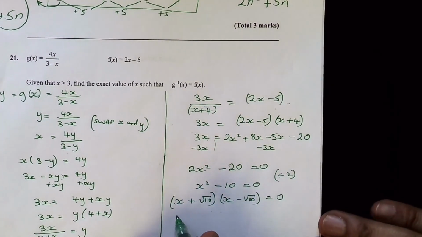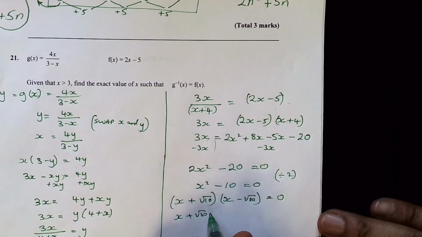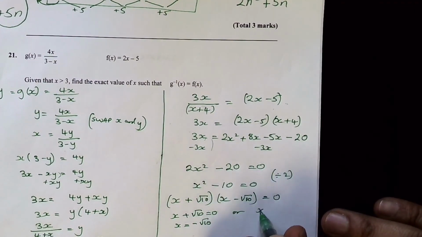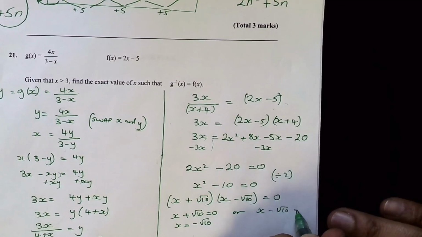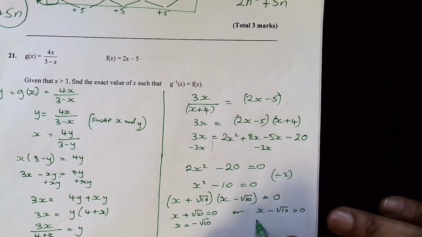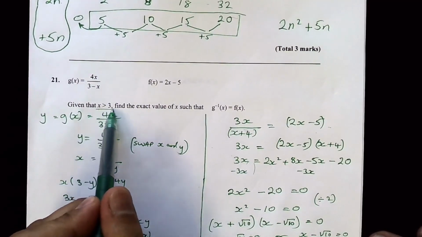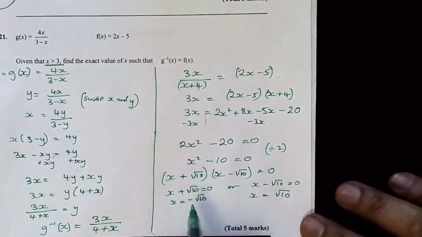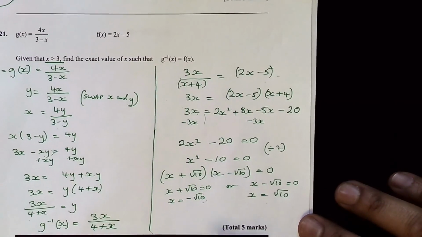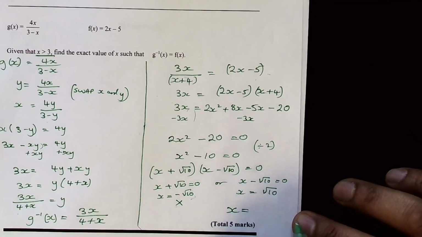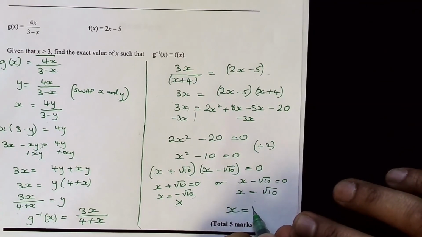So therefore x plus the square root of 10 equals 0, so x equals minus the square root of 10, or x minus the square root of 10 equals 0, so therefore x equals the square root of 10. So I've got two answers. Now if we go back to the question, x is greater than 3. Well, this value is going to give me a negative value, so I'm not going to choose that. So therefore my final answer is x is equal to the square root of 10.